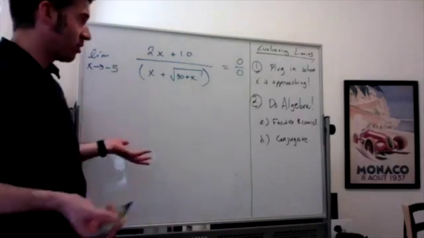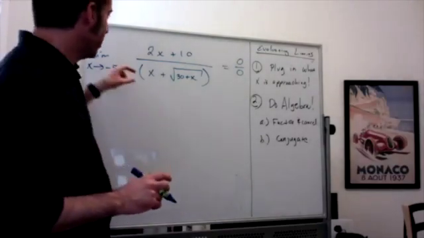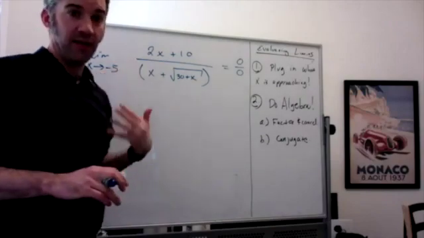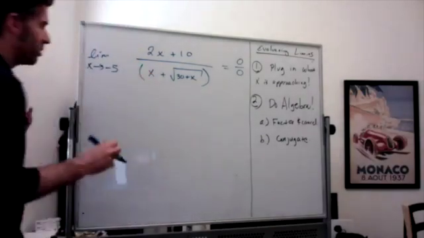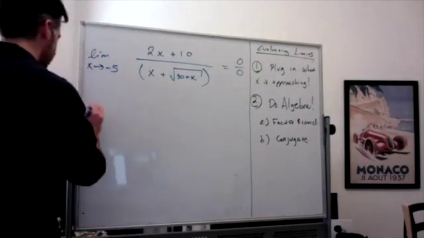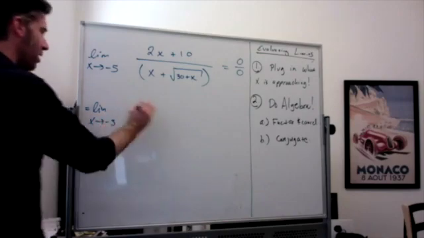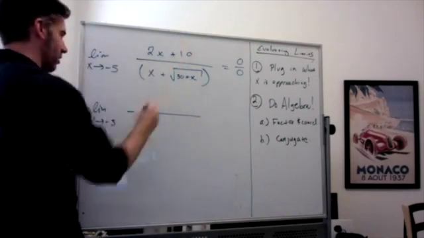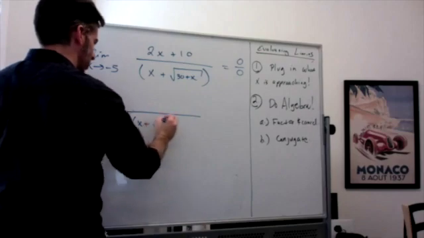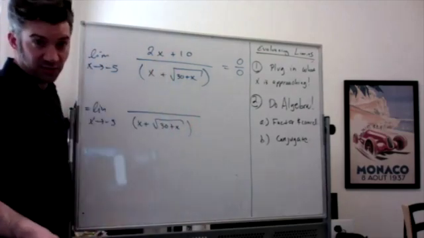So here, there's actually two things at play. The most important thing here is that we need to multiply the denominator by its conjugate. Or more generally, wherever the square root thing is, we have to multiply by its conjugate. So I'm going to rewrite this as the limit as x approaches -5 of the same thing here, x plus the square root of 30 plus x. I might factor out the 2 from the top since it's pretty easy to do.